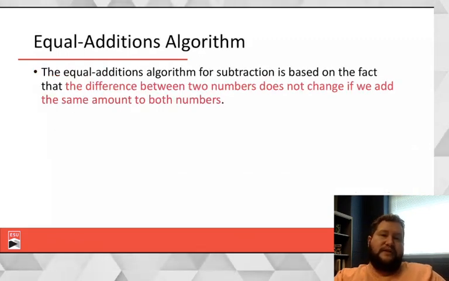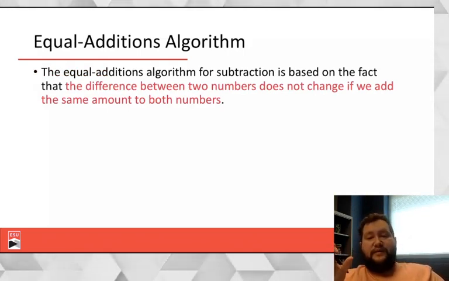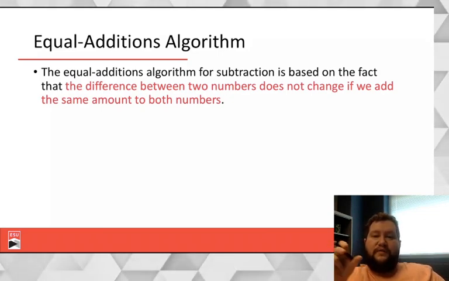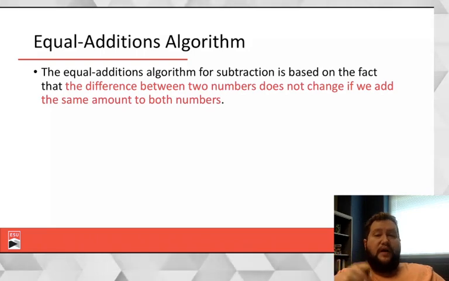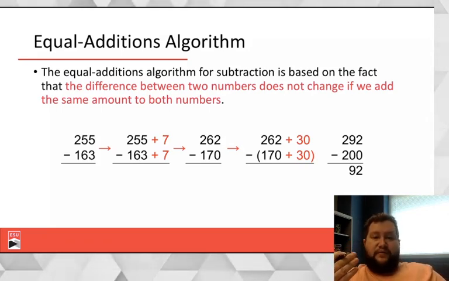Now, equal additions is going to leverage the fact that subtraction is the distance between two numbers on the number line. And as long as we shift both the subtrahend and the minuend in the same direction by the same amount, our difference won't change. So for example, suppose we have 255 minus 163. Well, we could add 7 to both of those.